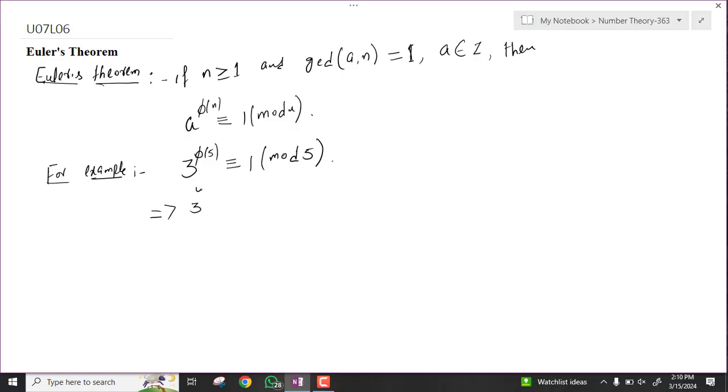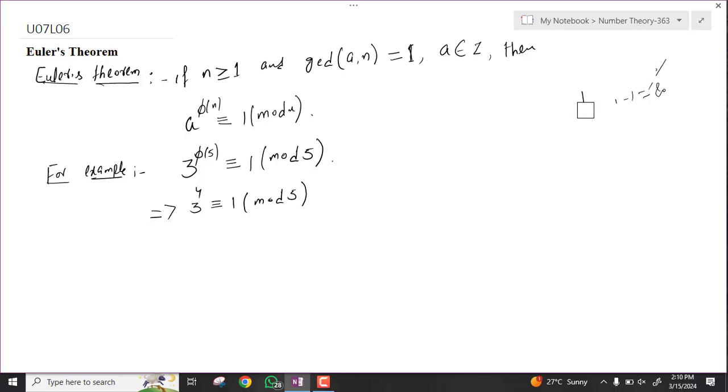This means 3 raised to the power 4 is congruent to 1 mod 5. Now we will check whether 3 raised to the power 4 minus 1 is divisible by 5 or not. 3 to the power 4 is 3 threes are 9, 3 nines are 27, 3 twenty-sevens are 81. 81 minus 1 equals 80. Clearly 5 divides 80, so this is true.